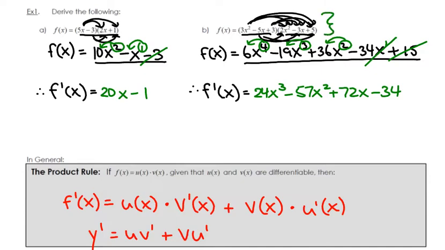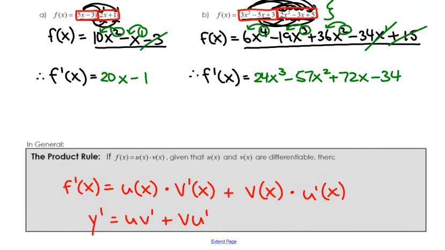And so it would be great if we had some sort of rule that works with the product of two functions. If we have two functions and they're actually multiplying each other, it would be great to have some sort of rule to do the derivative without having to expand first. And that is where we get something like this.